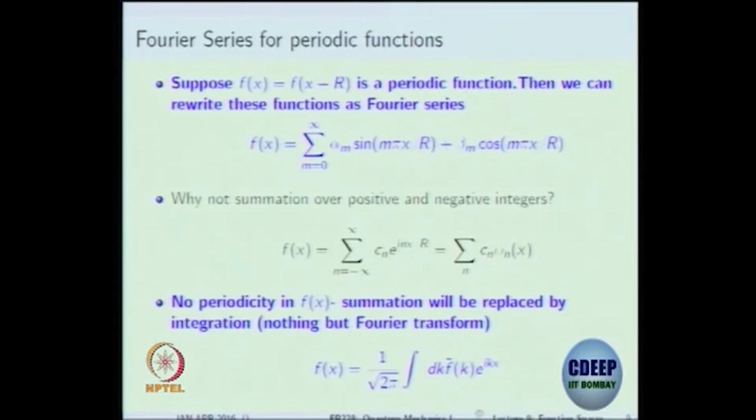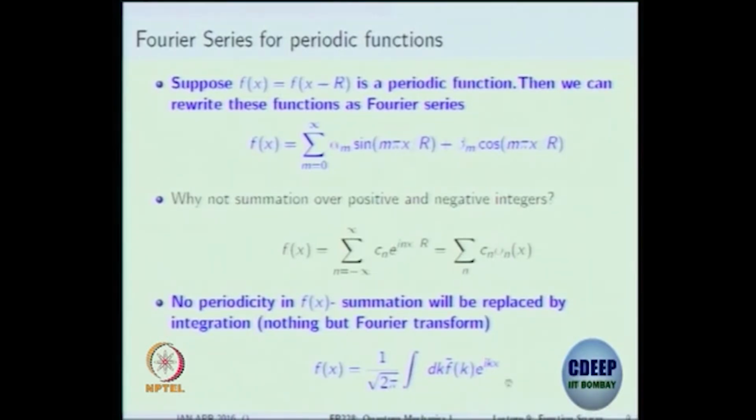There is no periodicity, no? f of x and f of x plus r are not related. If you try to put it as a finite series summation, that periodicity will happen with these basis functions. If you don't want any periodicity, this has no periodicity. That's all I'm trying to say.